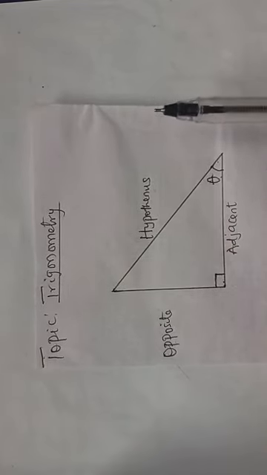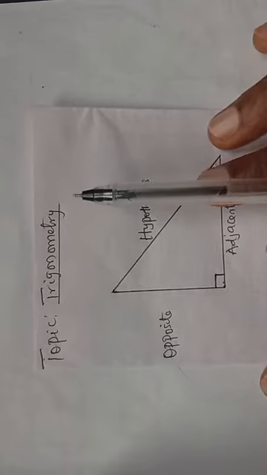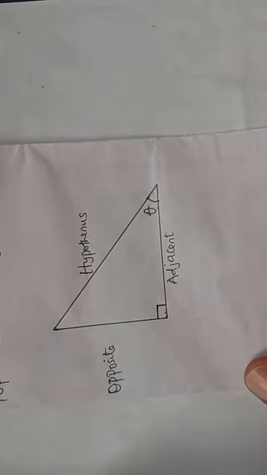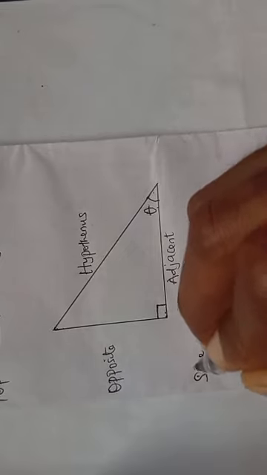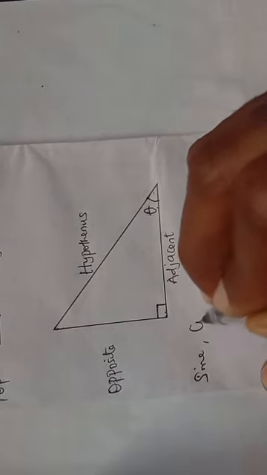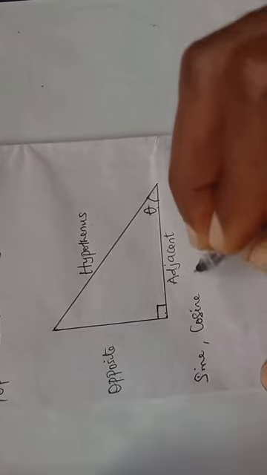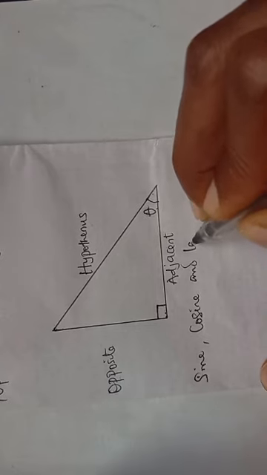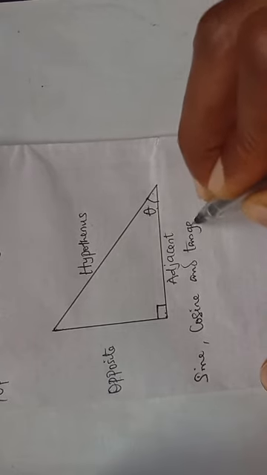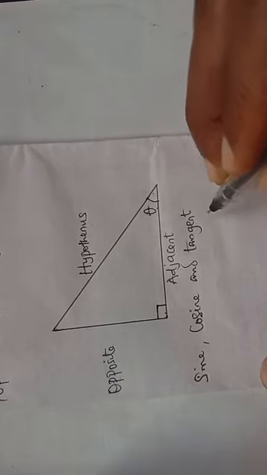Is that okay? Now, first of all, the trigonometric ratios include: one, sine; cosine; and tangent.